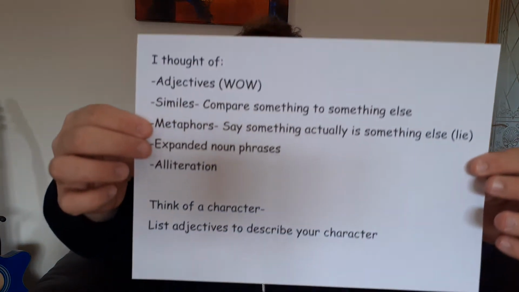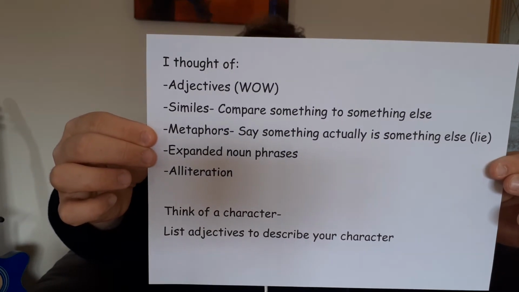Okay, so you stop there. I've thought of a few. I've thought of adjectives. If I hold this up, I've got no idea if you can actually see this. I'm kind of guessing really where the phone is.